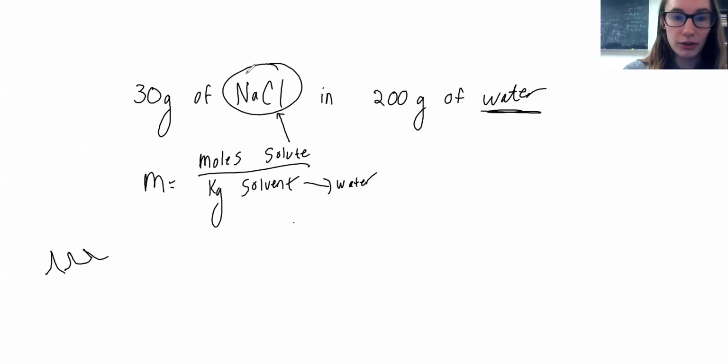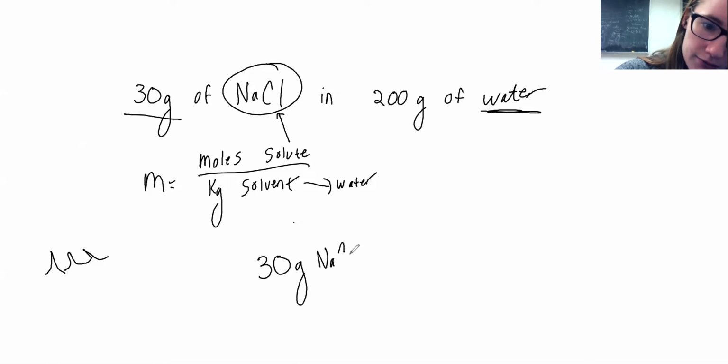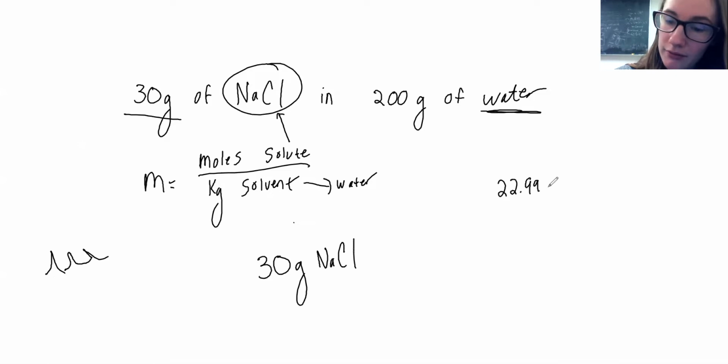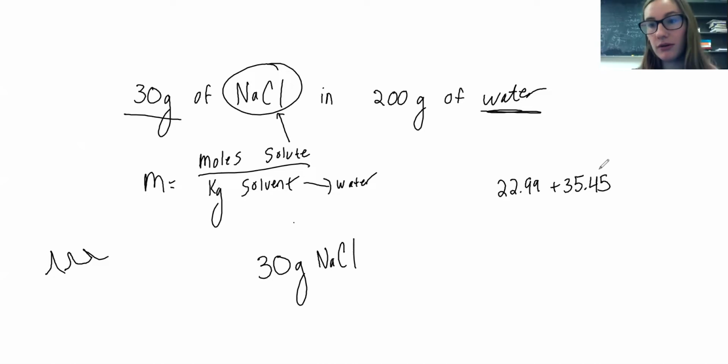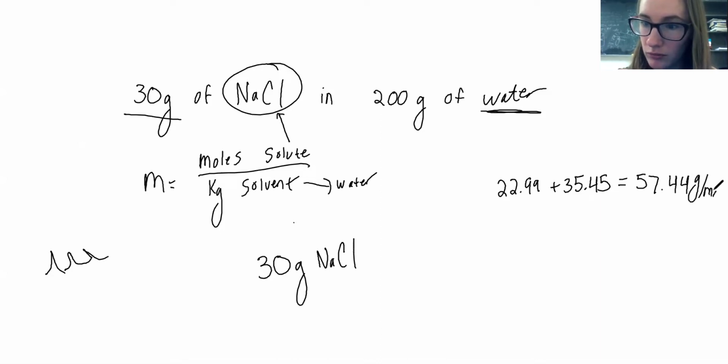First things first, let's get this into moles. We've got 30 grams of NaCl. Our molar mass we're going to get from our periodic table. I know Na is 22.99 and Cl is 35.45, so about 23 plus 35.45 is about 57.44 grams per mole.